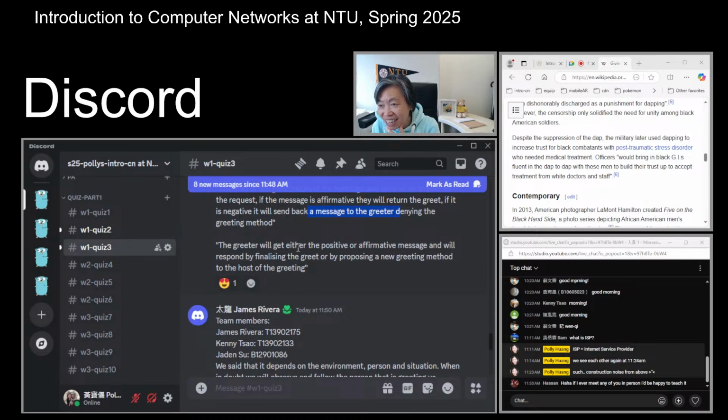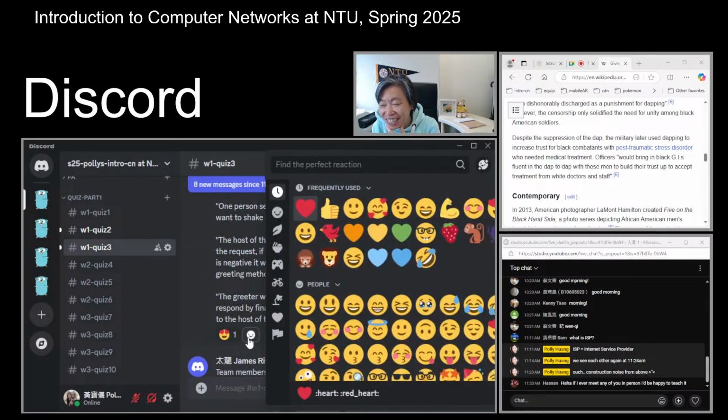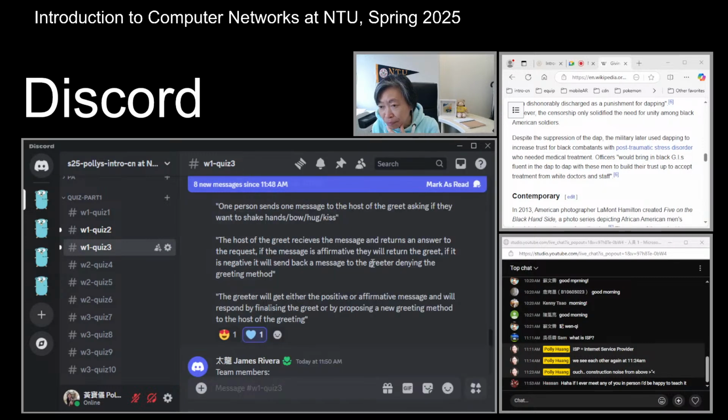The greeter will get either the positive or the negative. All right, now this is very, very algorithmic. Yeah, it's very much like TCP's three-way handshake. That's how two end systems find out whether it's okay to establish a connection and keep on talking.